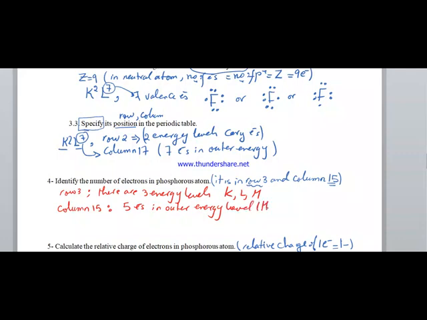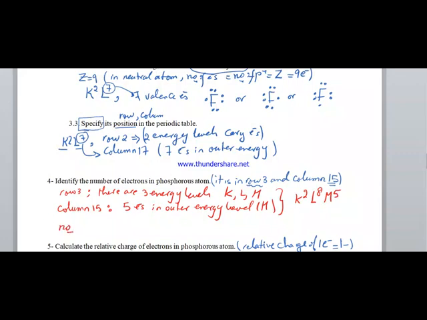In the last energy level M, we have 5. To combine these two reasonings, we reach K2, L8 and M5 as the electron configuration.